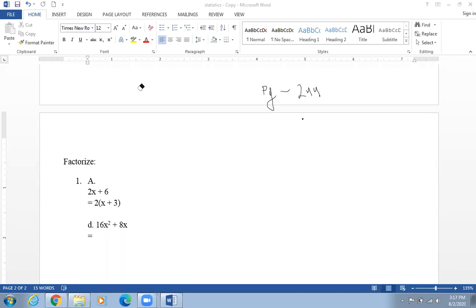So let us try once. Let us do the factors of 16. 2 eights are 16, 2 fours are 8, 2 twos are 4. We can do 1 also, otherwise we can leave 1.